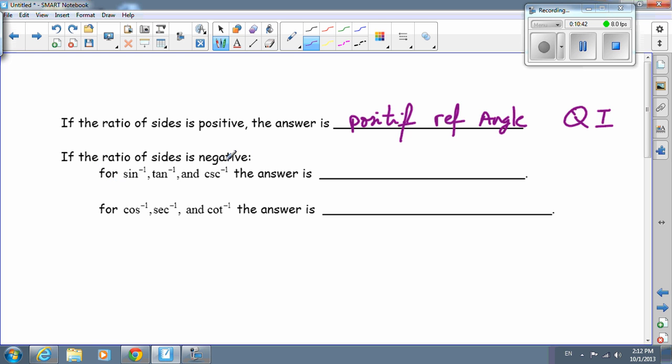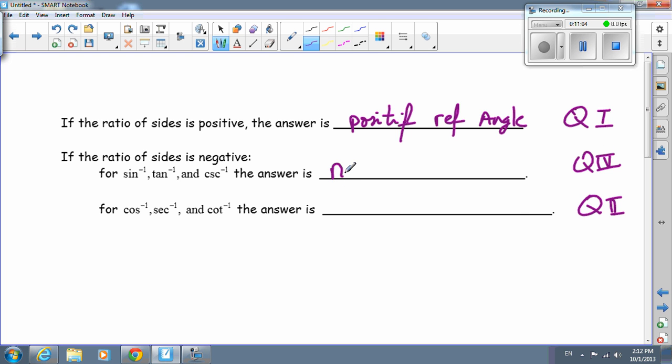If now the ratio of the side is negative, you've got to think about cut or big belly. Cosine and his brother secant lie on the cut. That means negative will be in quadrant 2. Compared to the other one, the negative is in quadrant 4. Now, if it's in quadrant 4, I don't expect you to do any special math.